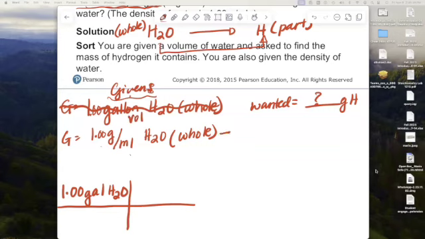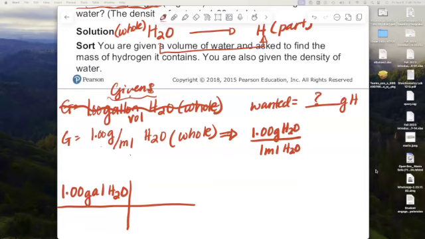And let me go ahead and rewrite this right here as a fraction, so y'all can see how I use that 1.00 grams per milliliter as a fraction when I come to it. I will write it as 1.00 grams of water, because the chemical referred to here, the density is water, and that will go with 1 milliliter of water, okay? So this is writing this as a proper fraction.